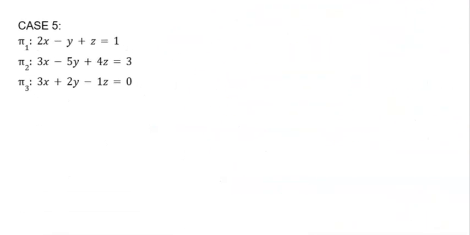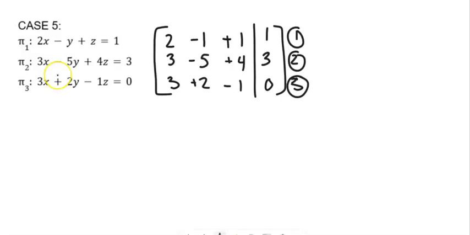Case 5. Okay, so set up the matrix and label the lines 1, 2, and 3. All right, let's think about what we want to accomplish. We can maybe try to get a 0 in this spot because there's 1 and negative 1. That would be nice and easy without doing too many things. And we also want to get zeros here and here.